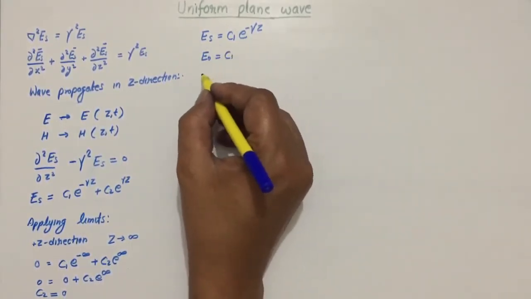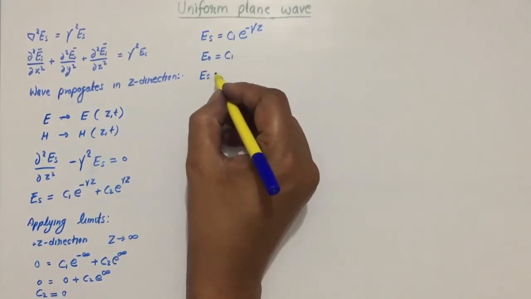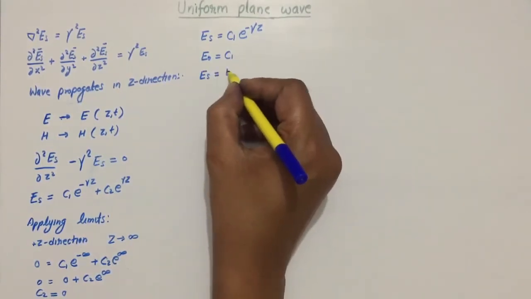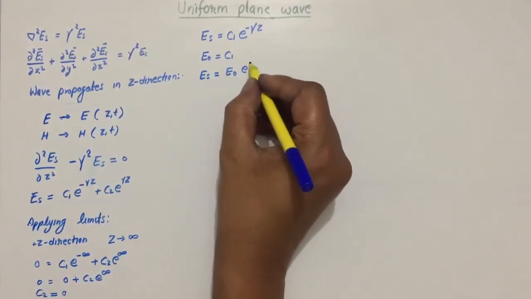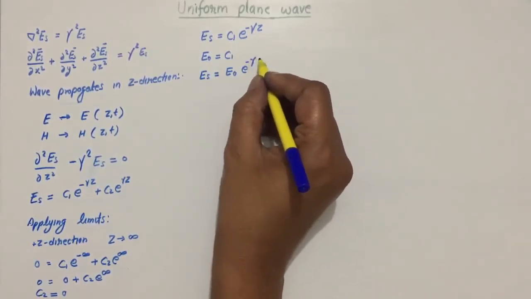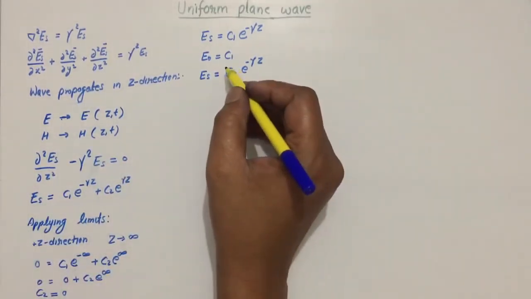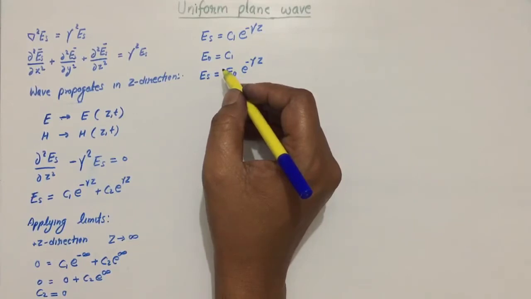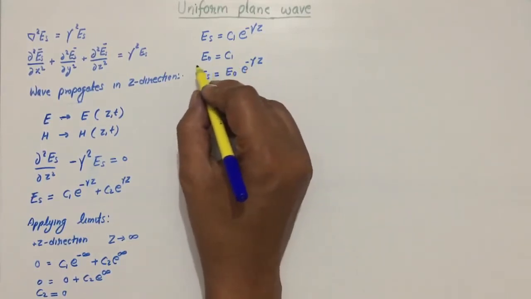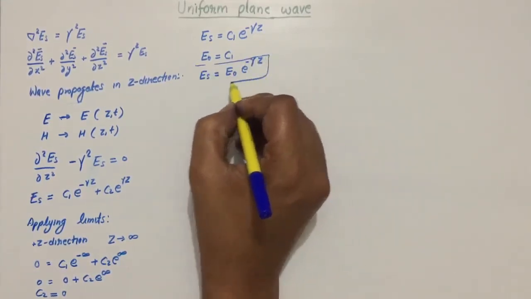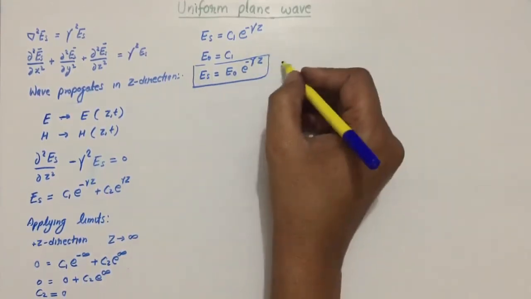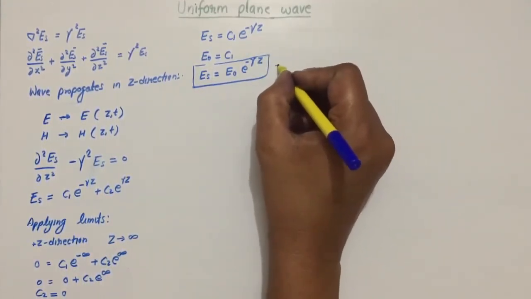Applying this limit, we can say Es is E naught e to the power minus gamma z. So this is the final phasor form of the electric field.